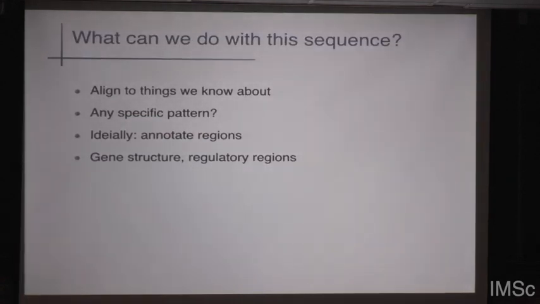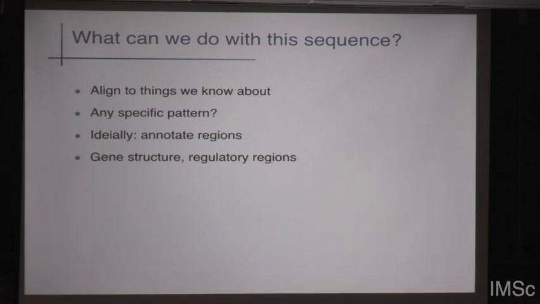There are some things that we've already done. Align to things that we already know, which is what BLAST does. So if you have a new sequence, send it to BLAST, and check which sequence it closely resembles. The other thing you can do is see if there are any specific patterns in the sequence.